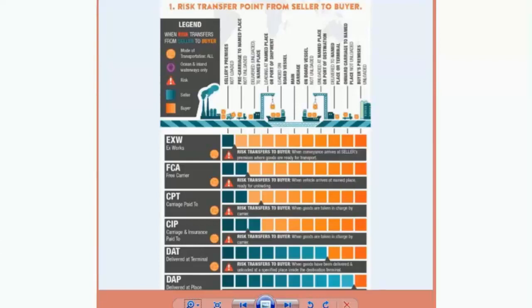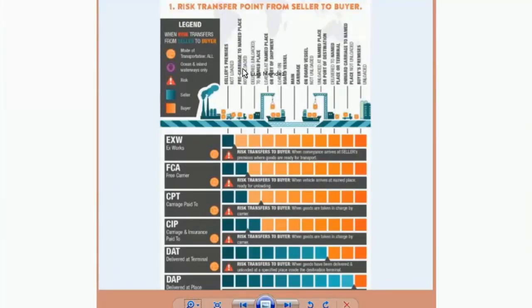We have loaded on, it means aboard, on board the vessel, the ship. Then we have the main carriage. It is still on the vessel, still on the ship. Then we have unloaded at named place or destination. We have delivered to named place or terminal. Then we have onward carriage to named place, not unloaded. And then we have the buyer premises, unloaded.